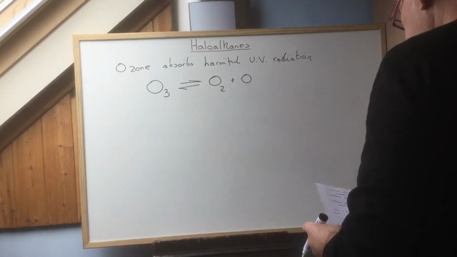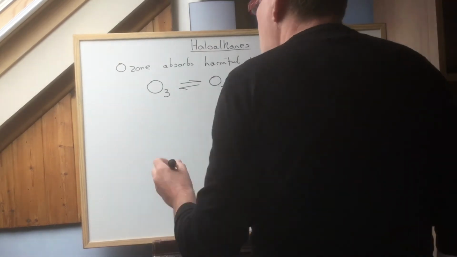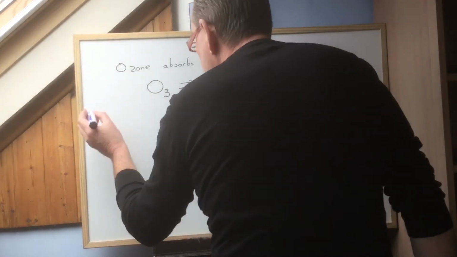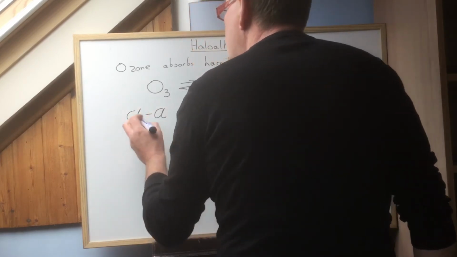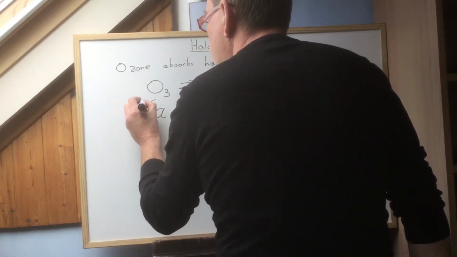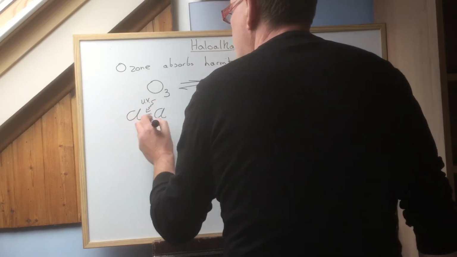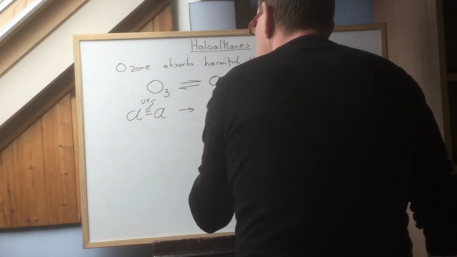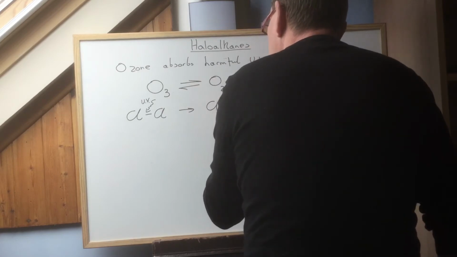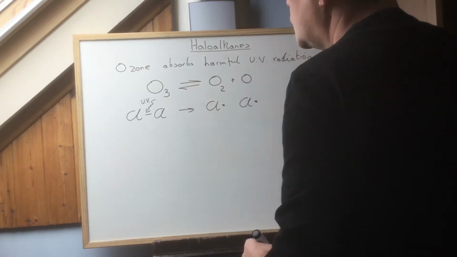Now, what happens? Well, in the upper atmosphere, we've seen this before, you might have some chlorine, and UV will come, as we have seen, and break that bond, and you get chlorine free radicals, which will damage the ozone layer. We'll discuss that shortly.